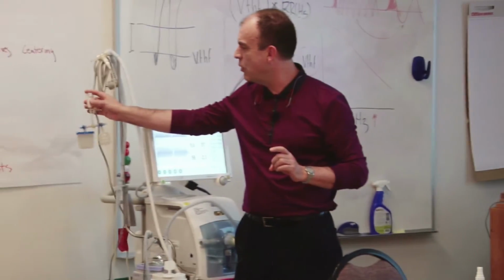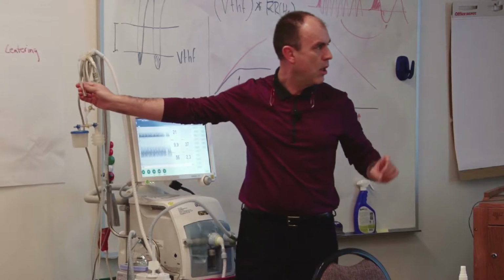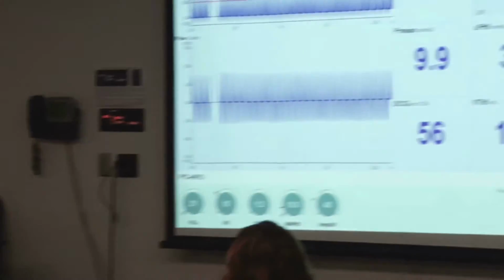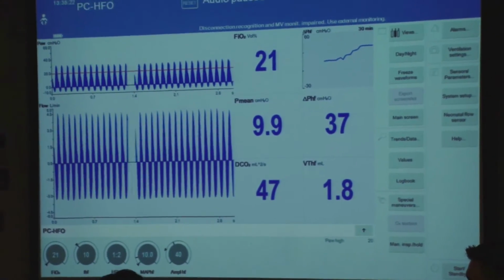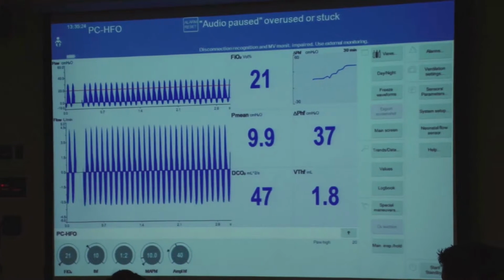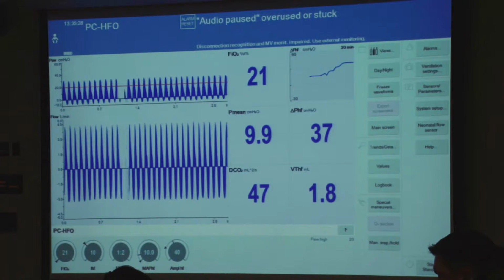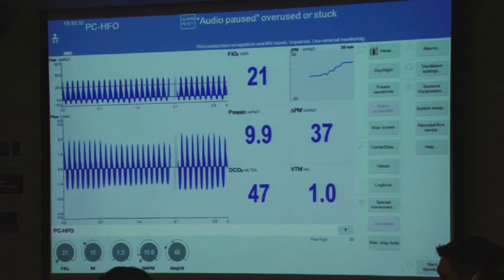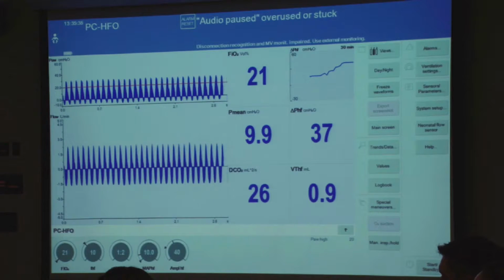If I start to obstruct the ET tube, the VTHF will quickly fall. So if you have any secretions whatsoever, it will quickly show you, whereas, as you all know, with the SensorMedics you can clamp the tube and nothing happens.